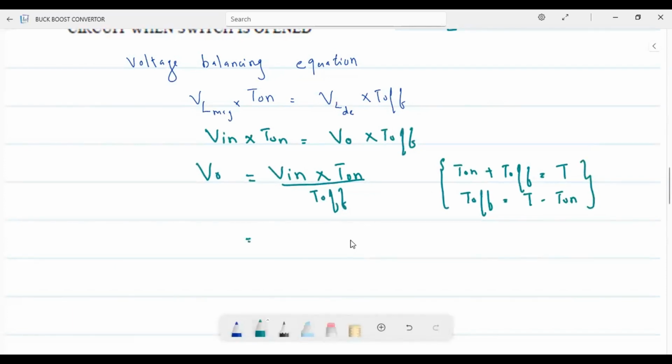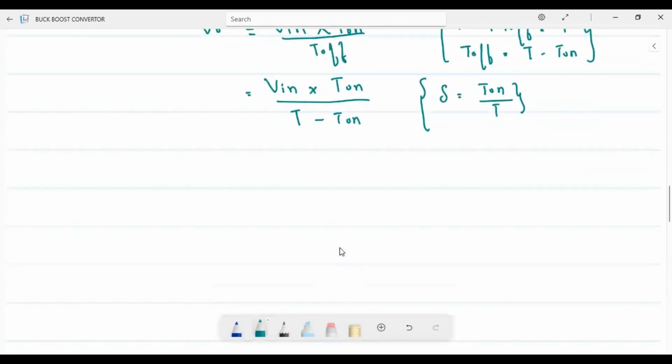So substitute the value here: V input into T on by T minus T on. Now we need to take the equation in terms of duty cycle. So duty cycle is equal to T on by T.